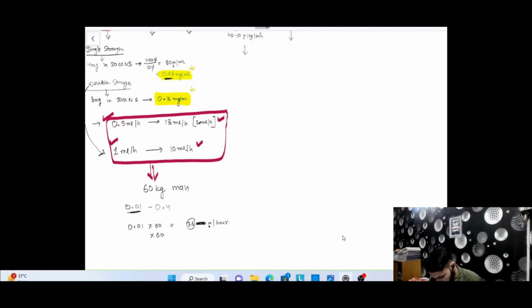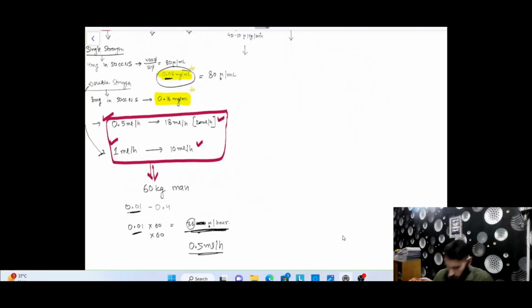Now what we remember is the strength of single strength NORAD, 0.08 mg per ml, which contains 80 micrograms per ml. As we have calculated from 0.01, it is 36 microgram per hour, which is almost half of 80. So this was the reason we start with 0.5 ml per hour of this single strength NORAD.